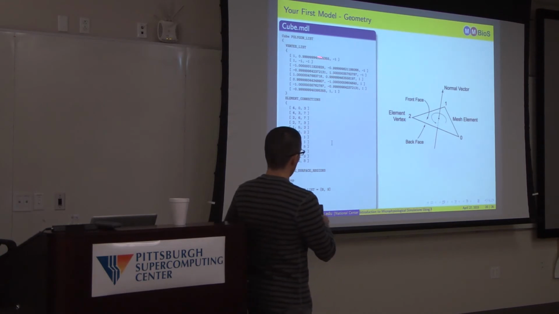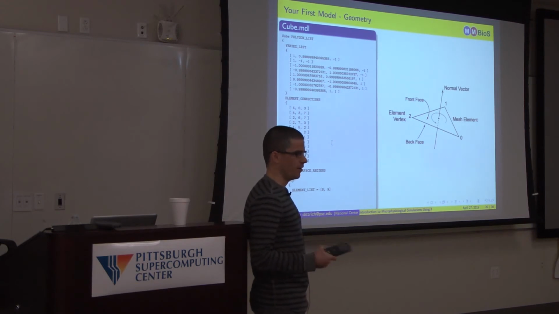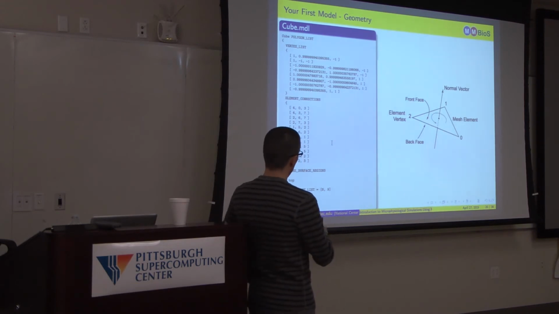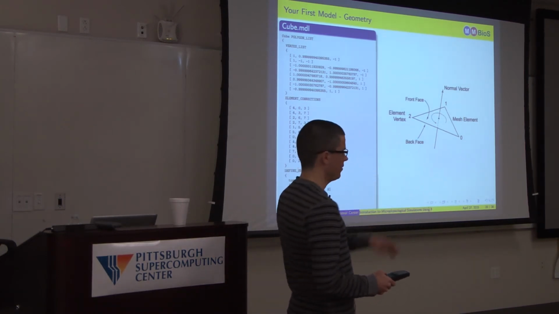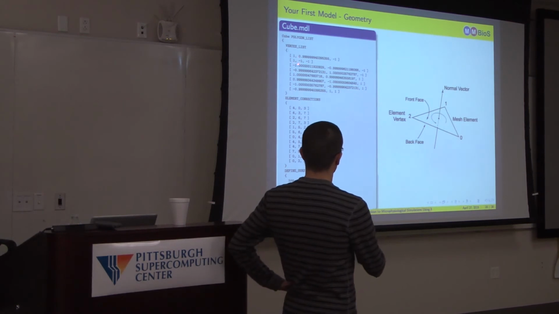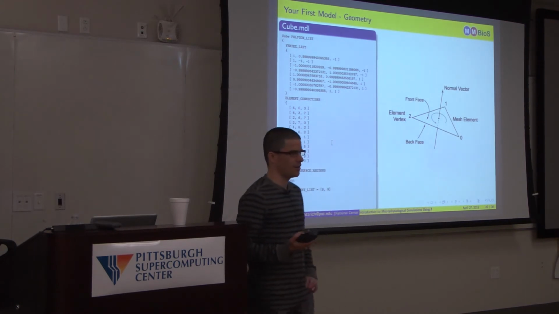So basically, you have vertices. These are just x, y, z coordinates in microns. So the space units are microns. So we have a cube with 8 vertices, 4 and 4: 1, 2, 3, 4, 5, 6, 7, 8. And for element connections, how many triangles do we have on the cube?